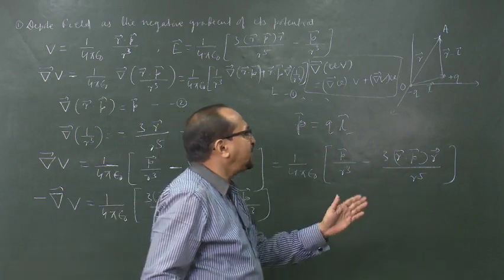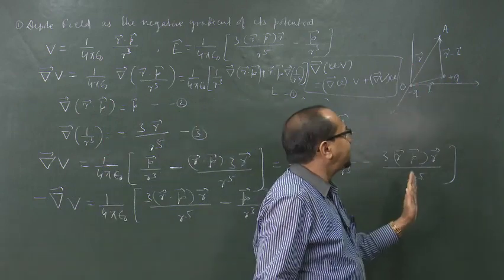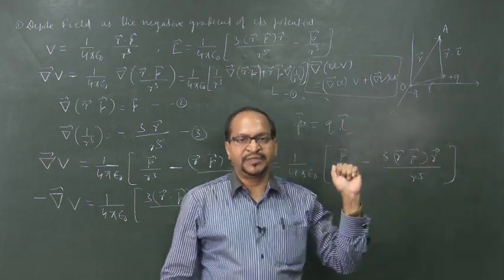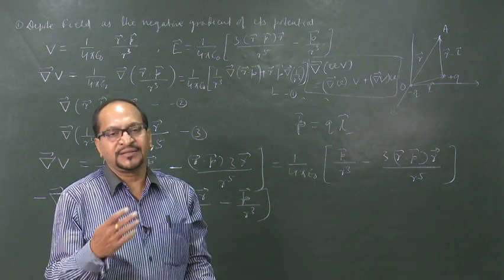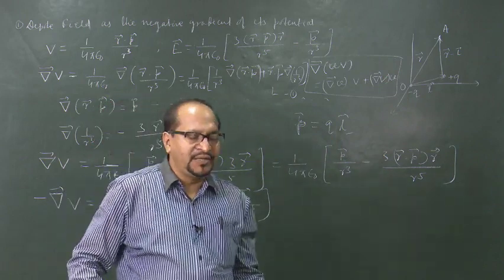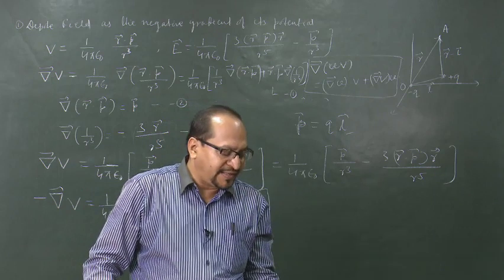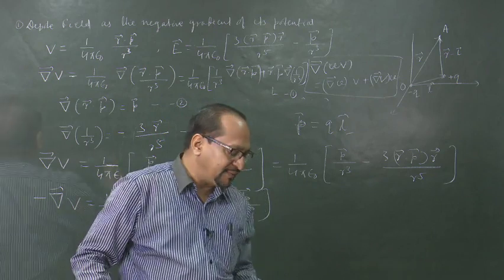If we want to find the field on the equatorial line of the dipole, that is normal to the dipole, then obviously the angle between r and p will be 90 degree. So, let us find out in these two special cases what is the value of field and potential along the axis of the dipole and normal to the dipole, or at the equatorial line.